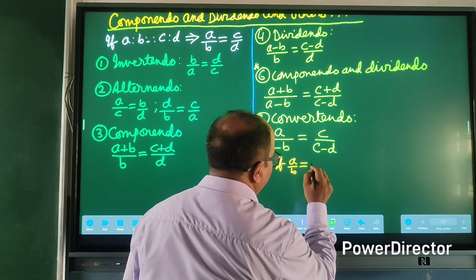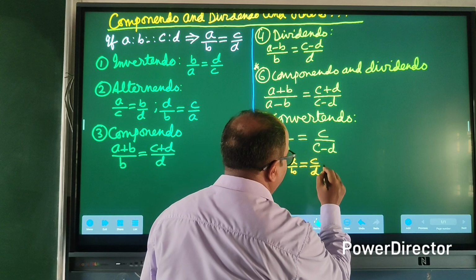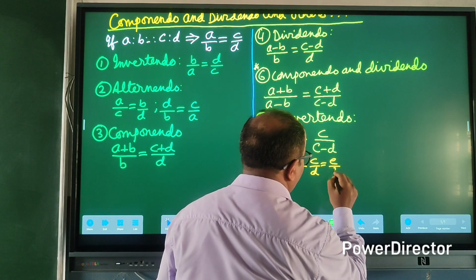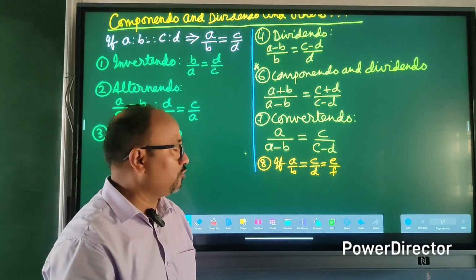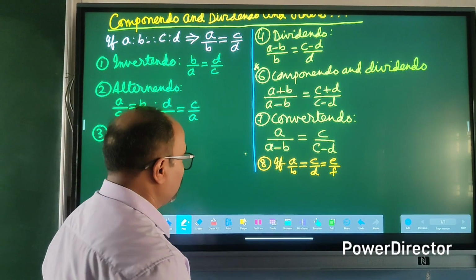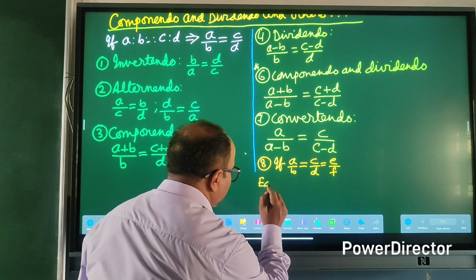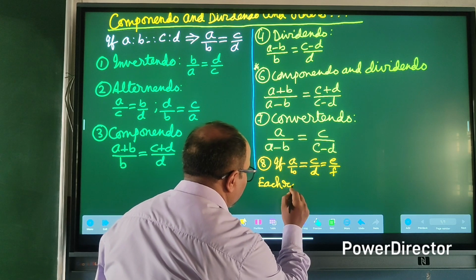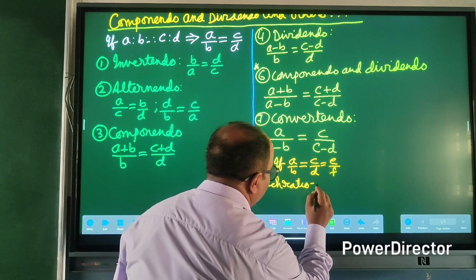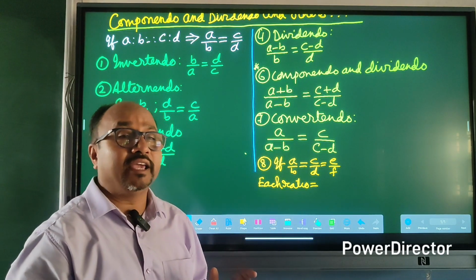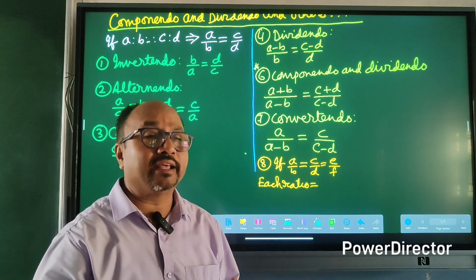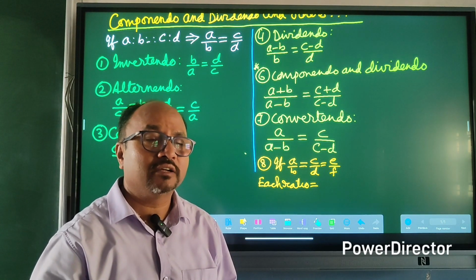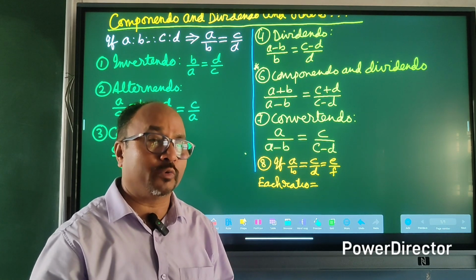So if I have A by B equals to C by D equals to E by F, so I have got three ratios equal. If I want to know the value of each ratio, I get it as, so each ratio you will get it by in the numerator writing the sum of antecedents divided by the sum of consequents.